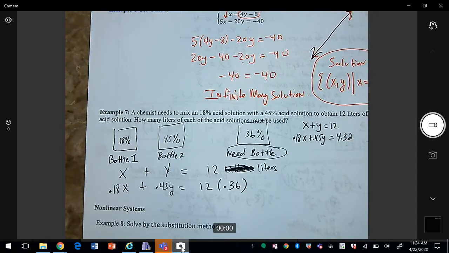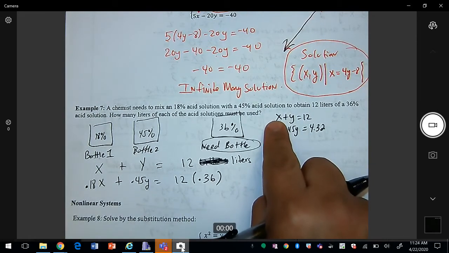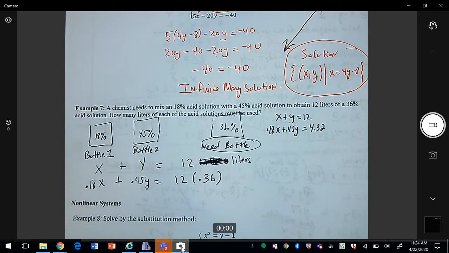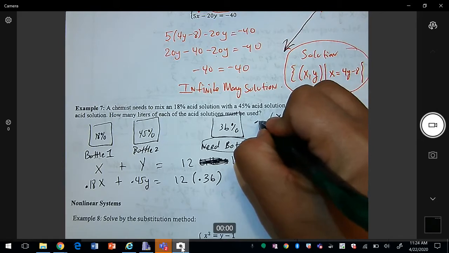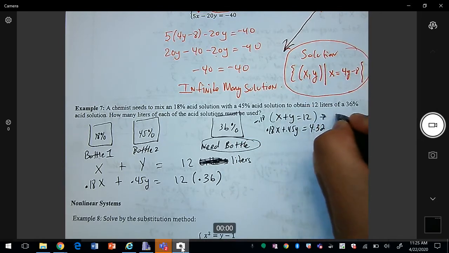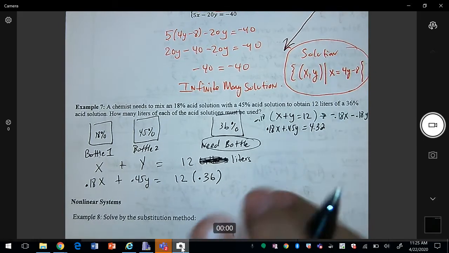We can solve using the systems. I'm going to get rid of the x's, and to do that, I'm going to multiply this equation by negative 0.18. So this would become negative 0.18x minus 0.18y is equal to 0.18 times 12.